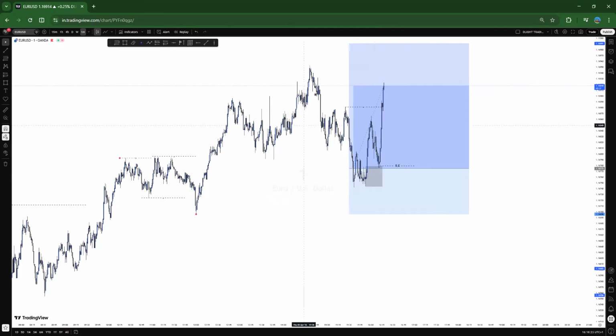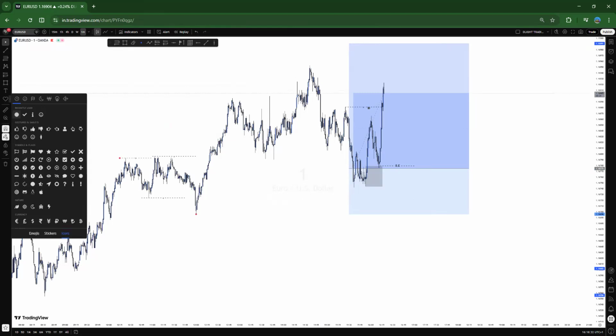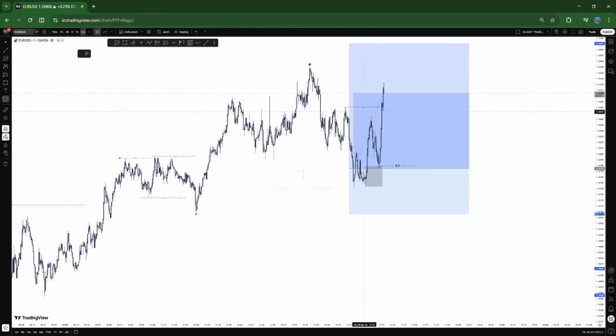Or if I still see a reaction from here, I would then decide what to do: either I close early or I just let the trade run. From the current momentum, I don't really see a need to bother myself because the rally is very, very high.